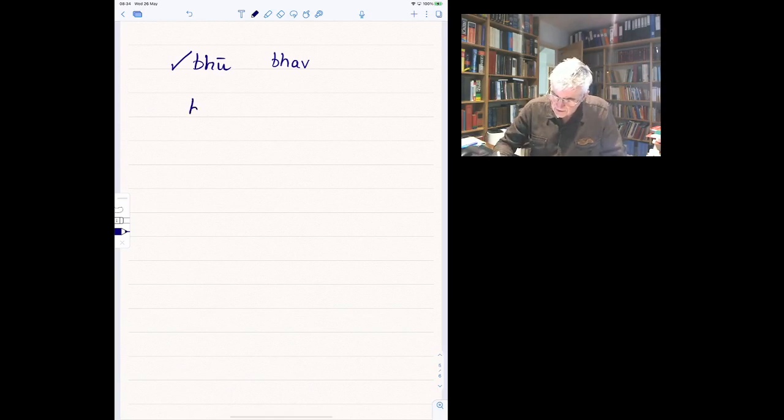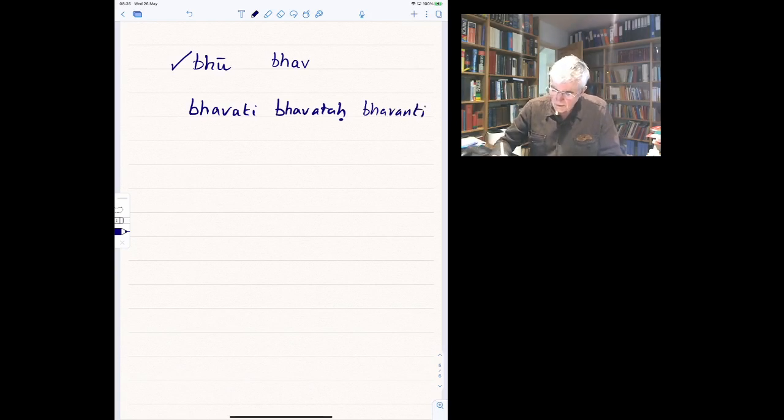Third person singular, he, she, or it is bhavati. In the dual, they are, speaking about where the subject is two of them, is bhavata. And the plural is bhavanti. In the second person, you singular are bhavasi.